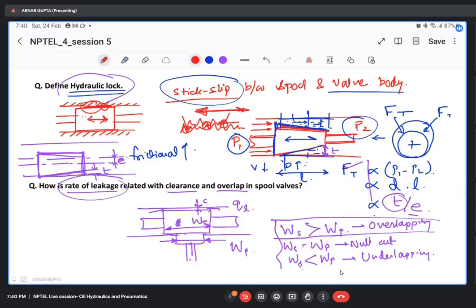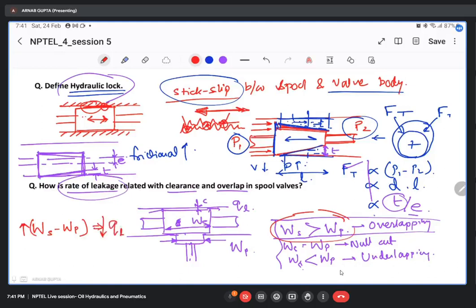I am repeating it once again. Higher the overlap, that is, if WS is more than WP, lower will be the chances of leakage. This is what I am trying to say.